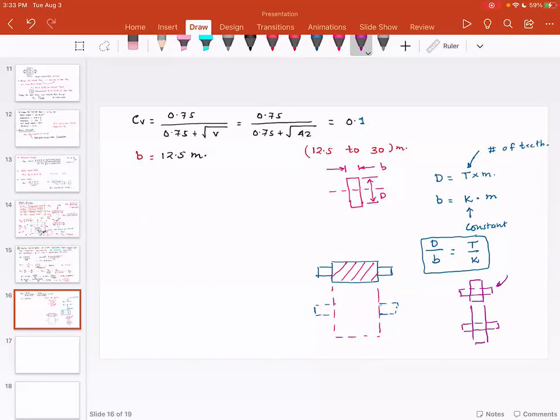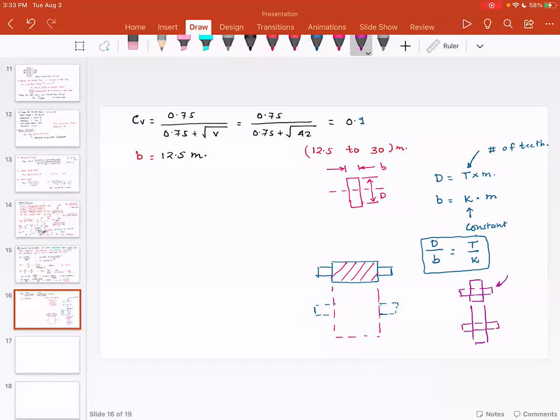If the gear has a significantly large face width, it's going to take more space in the axial direction to accommodate in the housing. So this ratio dictates what B to M ratio we should be choosing.